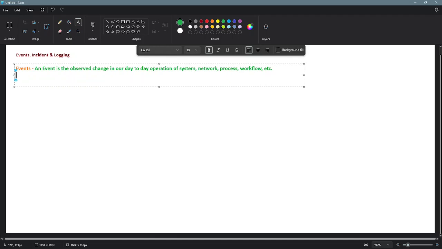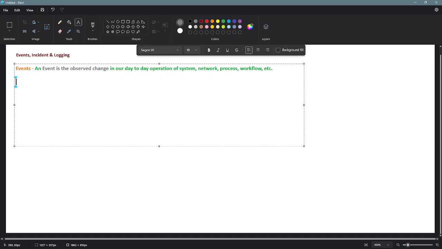So the meaning of event is just the observed change. An event is the observed change in our day-to-day operation of systems.